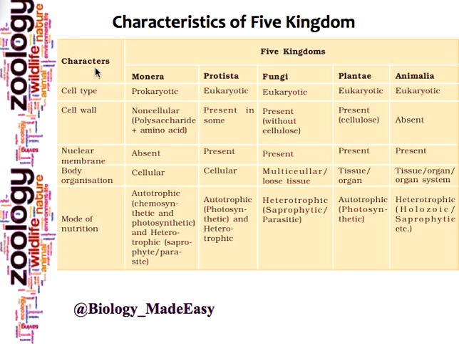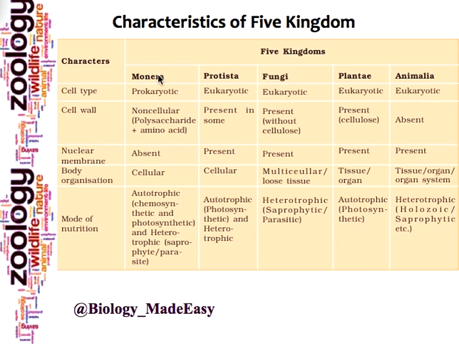These are the characters you can see, for example, cell type, cell wall, nuclear membrane, body organization and mode of nutrition. As you can see, excepting Monera, other kingdoms like Protista, Fungi, Plantae and Animalia all are eukaryotic. Only Monera is prokaryotic.